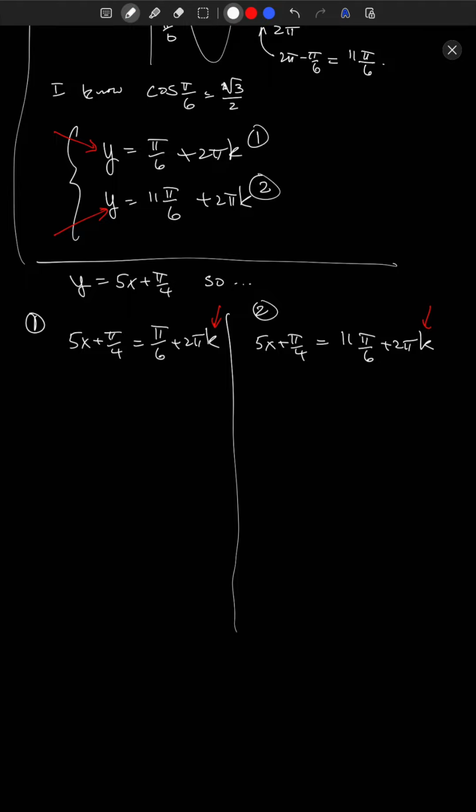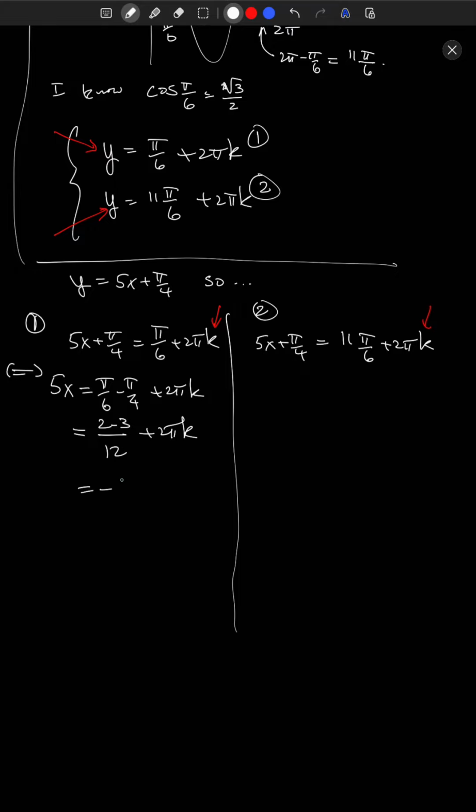Let's just do our algebra then. I'm going to do the left side entirely first. So I'm going to throw the minus pi over 4 to the other side. So this is the same as 5x equals pi over 6 minus pi over 4 plus 2 pi k. Let me simplify that. That's equal to, with common denominators, 12, 2 minus 3, plus 2 pi k.